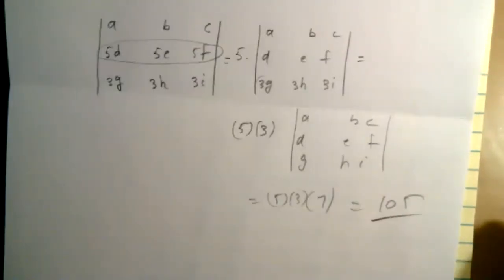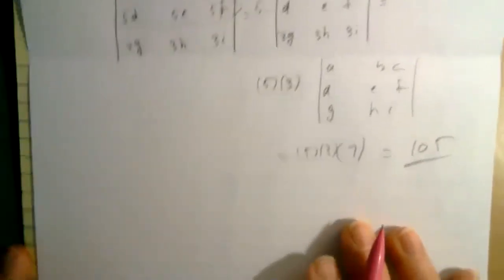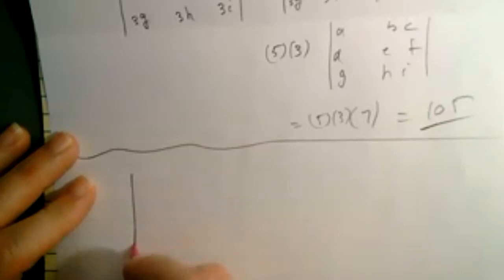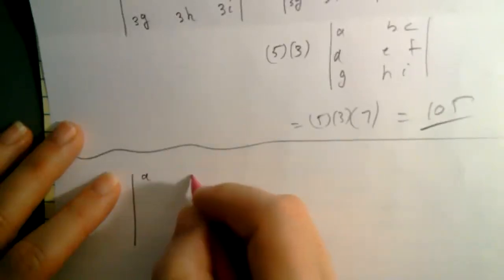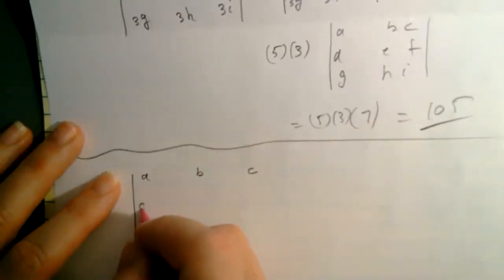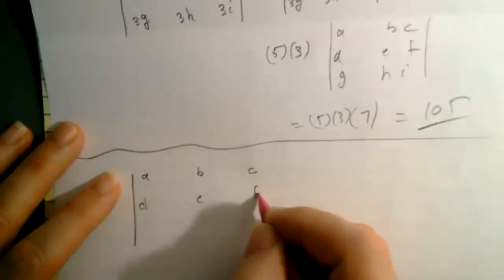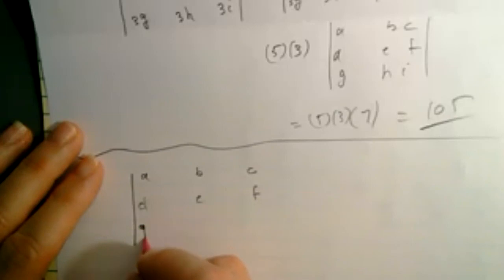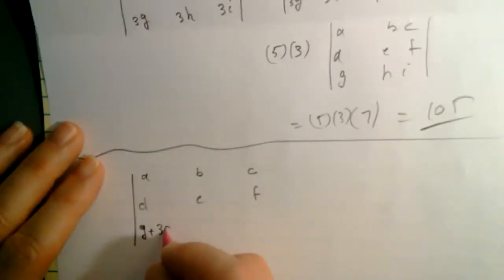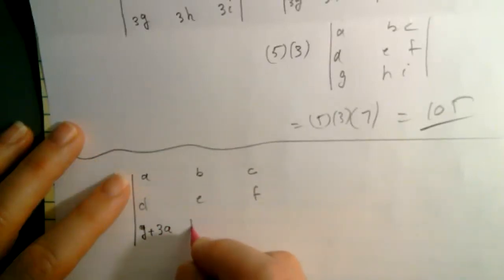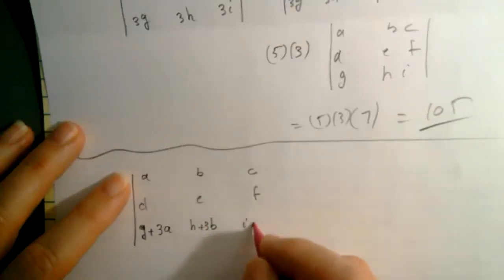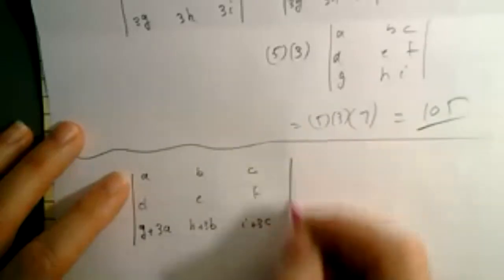Now, question number 2. Suppose I take the following matrix. So 2 more examples. This one is again simple. A, B, C, D, E, F, G plus 3A, H plus 3B, I plus 3C.